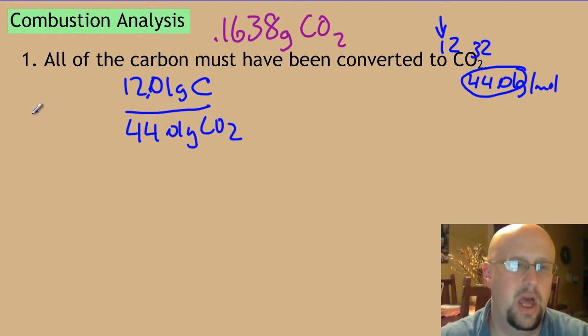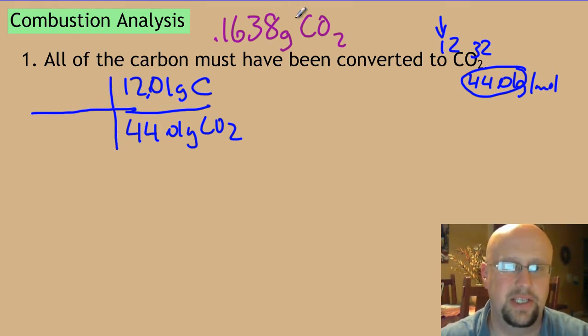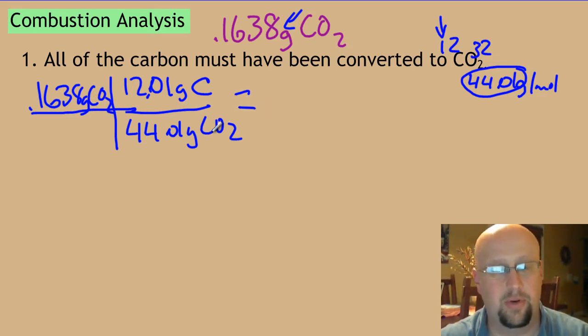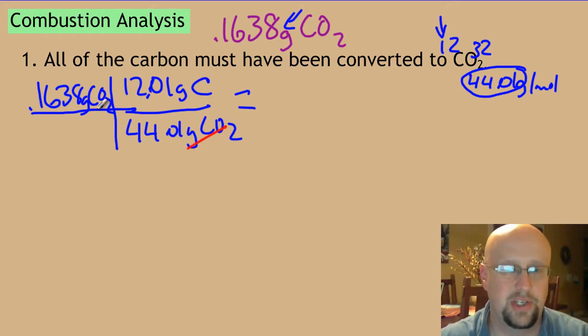Now remember that our given is the amount of CO2 produced in this particular problem, 0.1638 grams of CO2. Now, of course, that's a simple conversion factor problem. We cancel out what we can cancel, which in this case is grams of CO2.